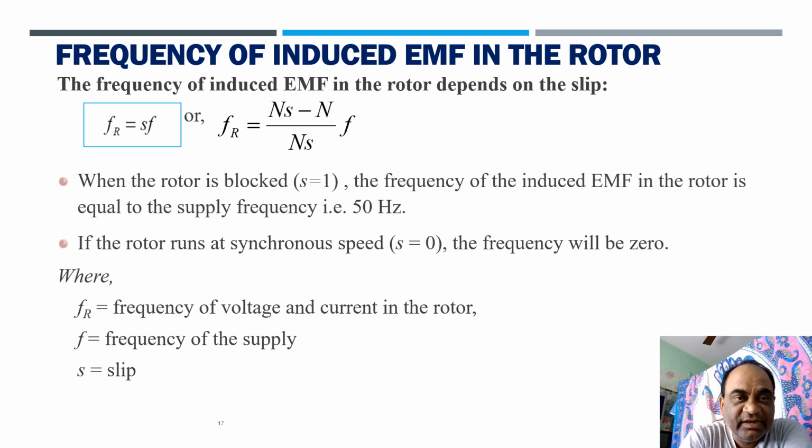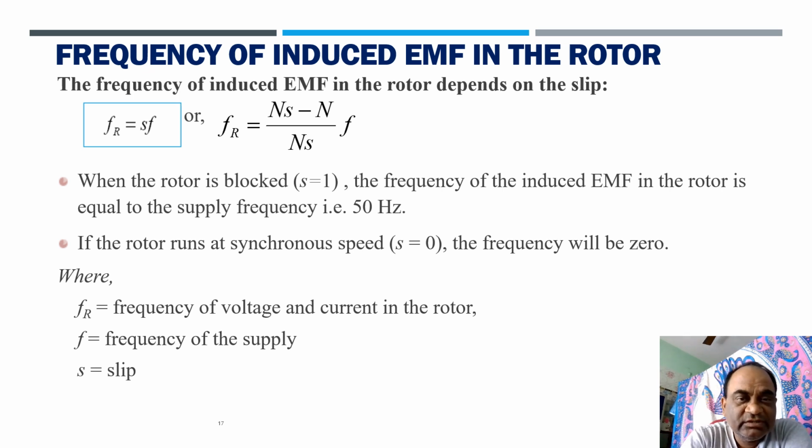As the rotor starts rotating and gathers speed, the frequency starts diminishing, and goes down to five hertz or 3 hertz when the rotor runs at full speed.